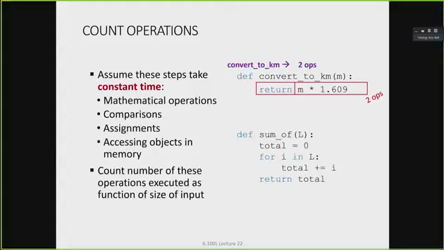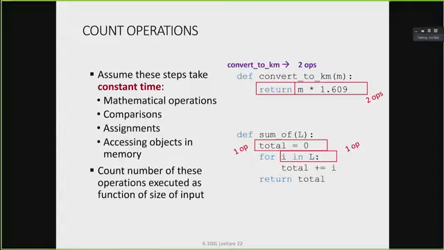It basically didn't matter what the input was. It always took approximately the same amount of time to run. The sum of function takes in an input list and gets the sum of all the elements. This one will have one operation for doing this assignment. It'll have one operation for grabbing an element in my list L and assigning it to i.